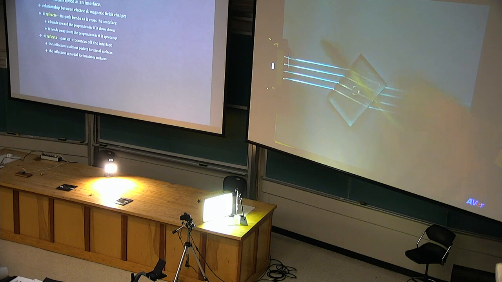So the light, in slowing down in the plastic, bends toward that perpendicular line. Hopefully you can see that. Any questions about that idea? When it speeds up, in this case when it exits the plastic, it bends away from the perpendicular. All right? So that is refraction.